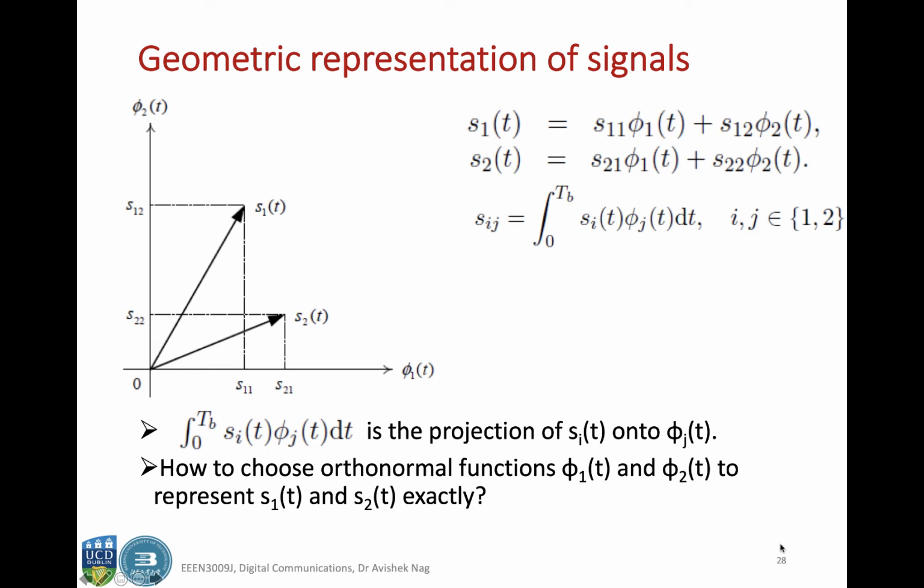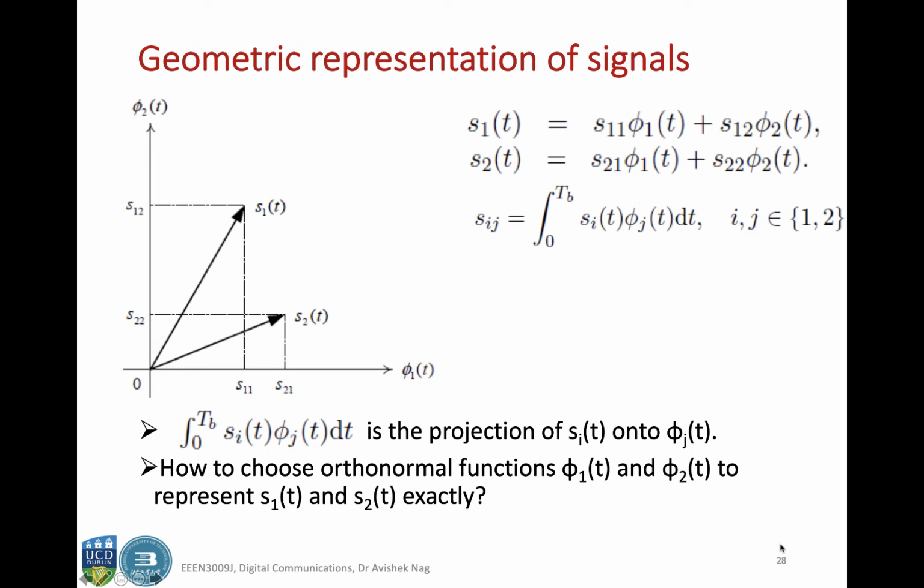If we can find two vectors phi1 and phi2, then we can represent the signals as a linear combination of those two vectors.